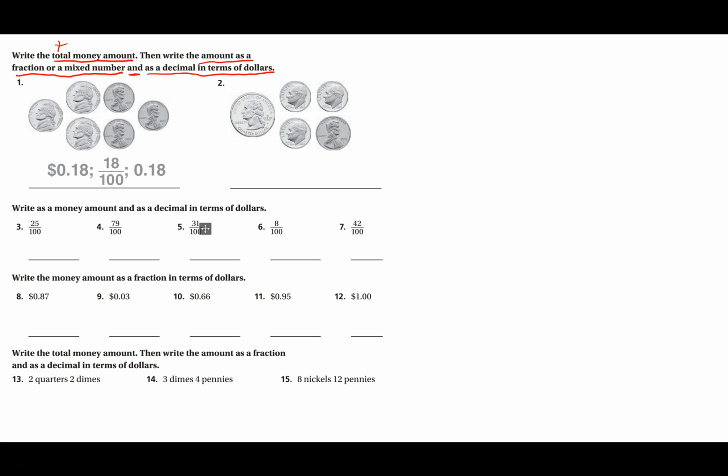For number 2, right here we have a quarter, that's worth 25 cents. We have a dime, that's worth 10 cents. Another dime is worth 10 cents. Another dime, 10 cents. And that is a penny, so it's worth 1 cent or 1/100th. Okay, so let's add those up first, right?